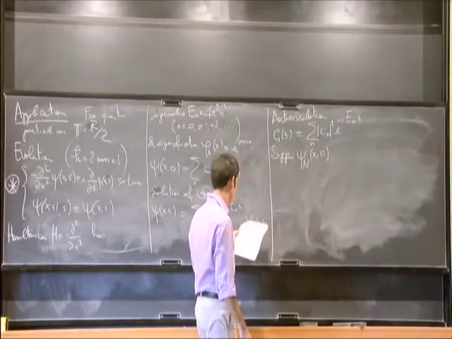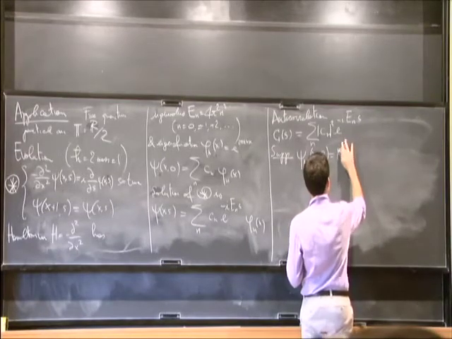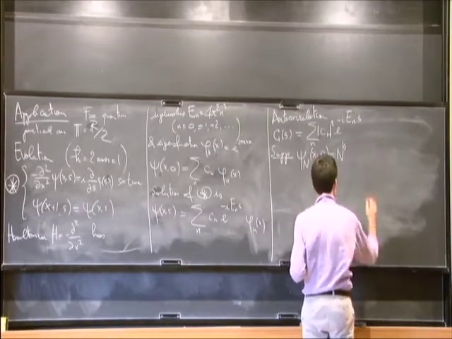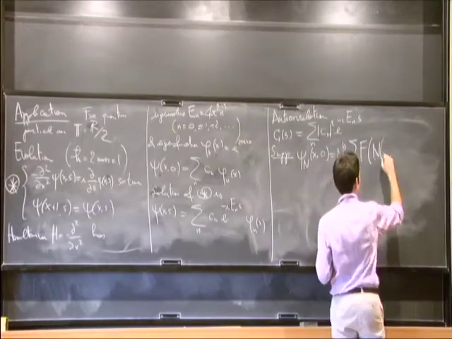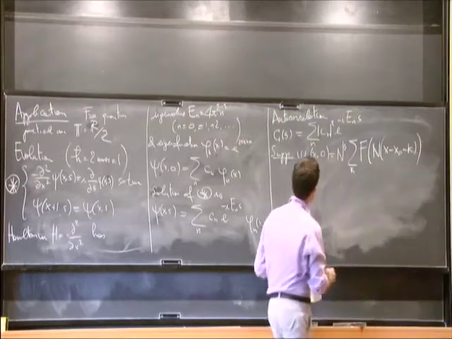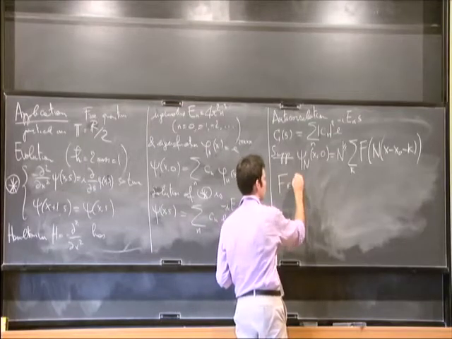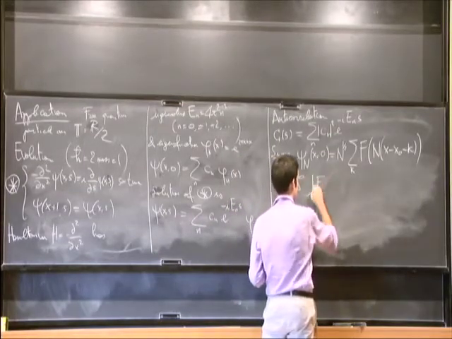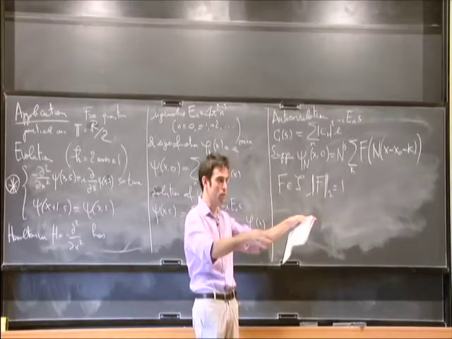So that's our initial condition, and it will have this form: 1/2 sum over k of F(N(x minus x naught minus k)). So what's going on? We fix a profile function, let's say Schwartz, and let's say of norm equal to 1. So we fix the shape of the initial condition.